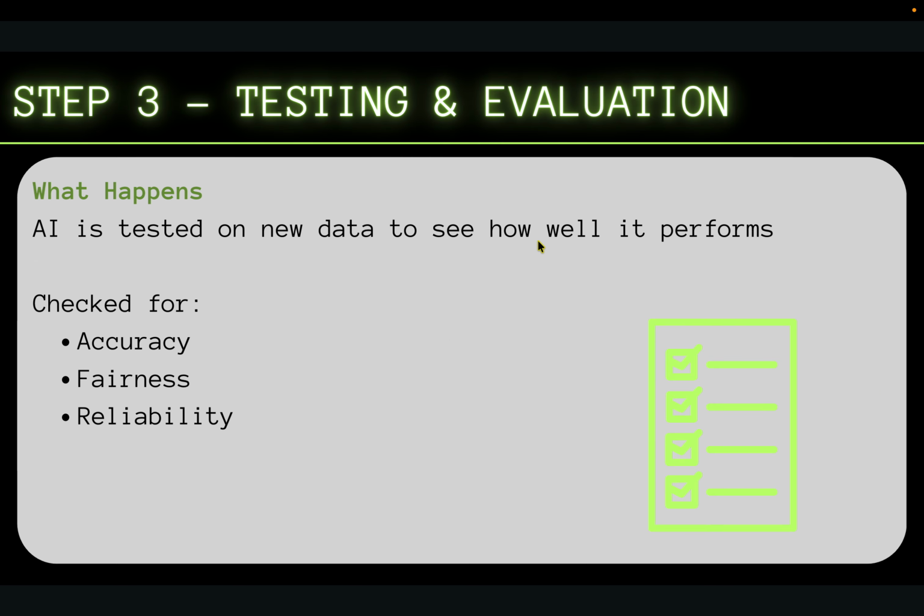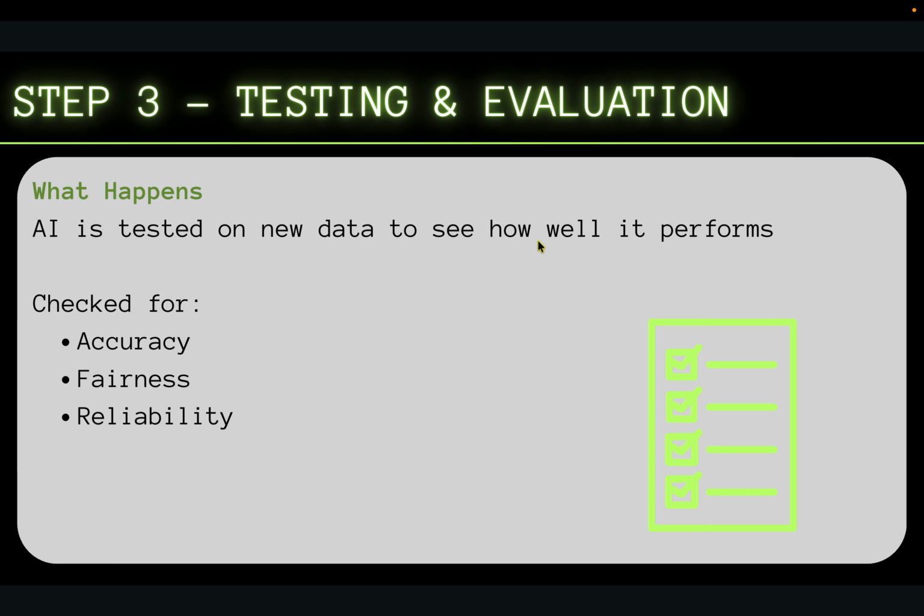So, step three would be testing and evaluating. So, when we're testing the system, we're just pretty much seeing if it's working how we needed it to work or how it was planned to work. And basically, it's using another set of data to see if it's working well.